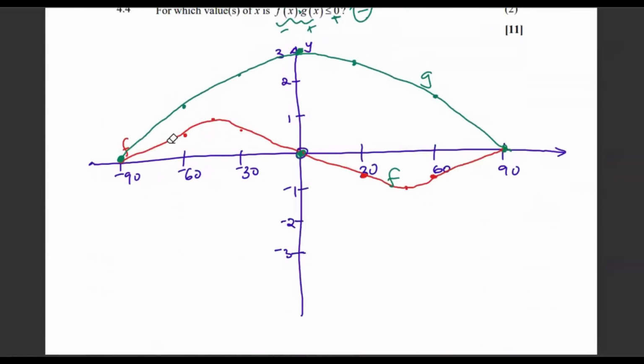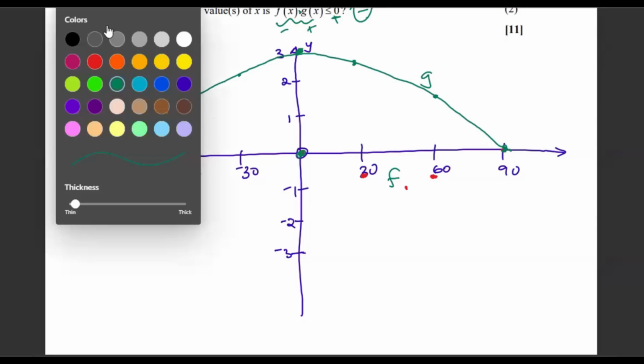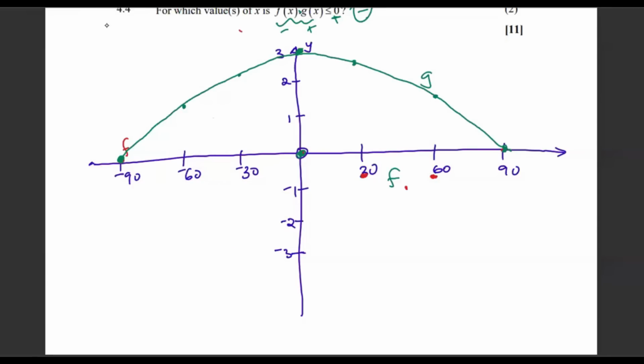Wrong direction. This one, because these values are negatives. Sorry about that. So that's a 0. We say it's the red, it's a negative 0.8. And then this is going to be the positive ones.